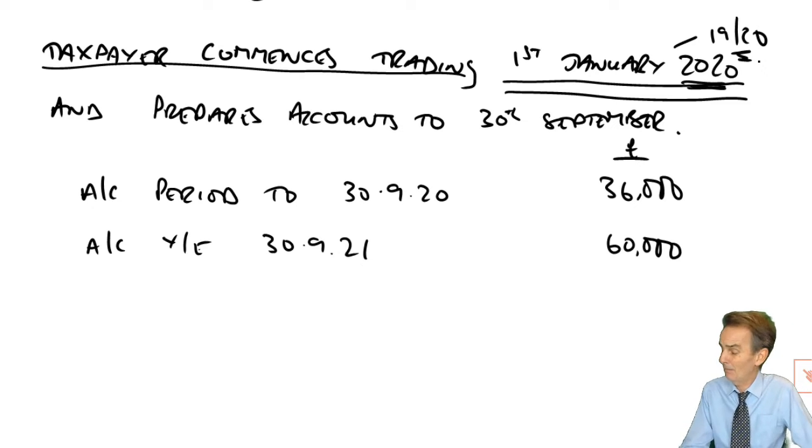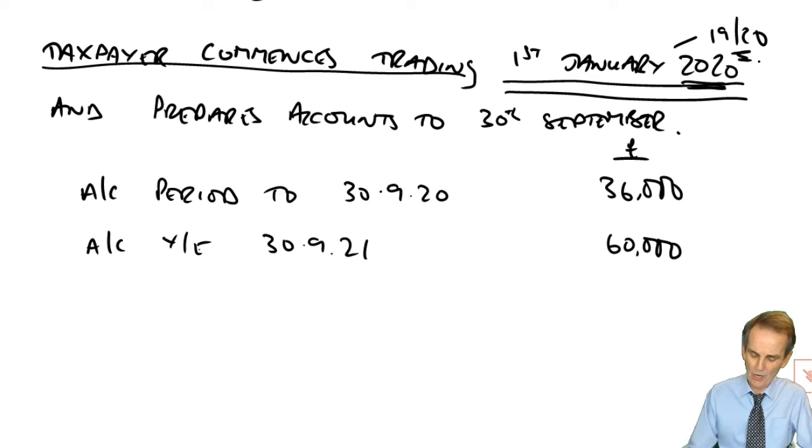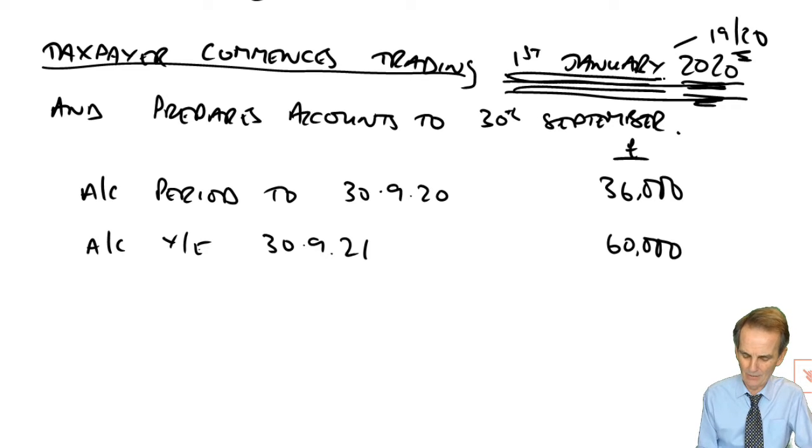But you'd be surprised, because I'm telling you this, over the years how many students I've seen make this mistake. They don't think, they react. Oh, we start in 2020, ignoring what month and date of the month it is. We start in 2020, so it must be 2021. Silly mistake, which is going to cost you.